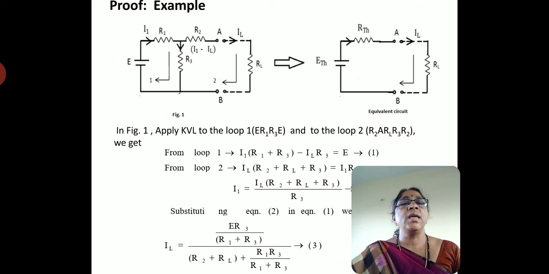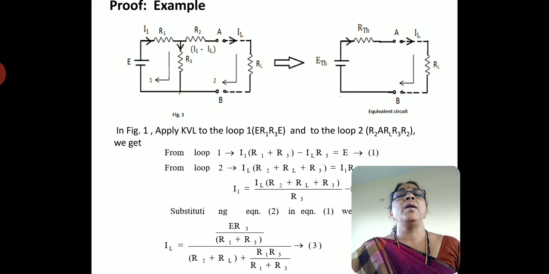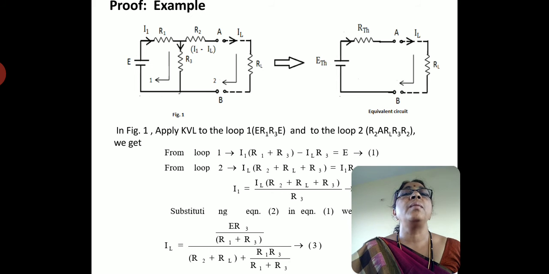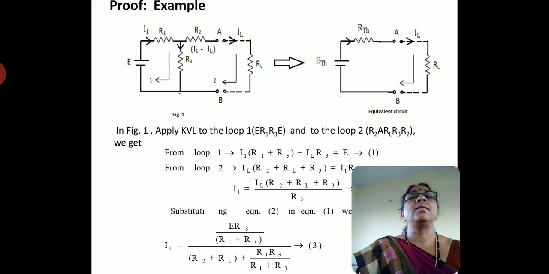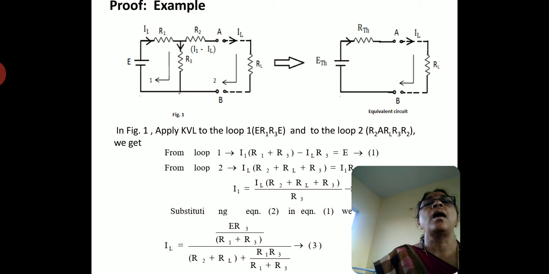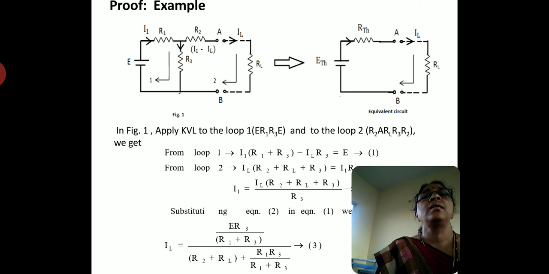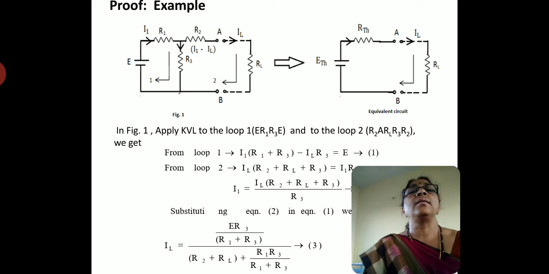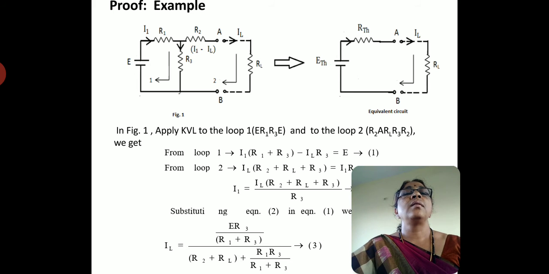Then from the above equation we get I1 is equal to IL into bracket R2 plus RL plus R3, divided by R3. Say this is equation 2.